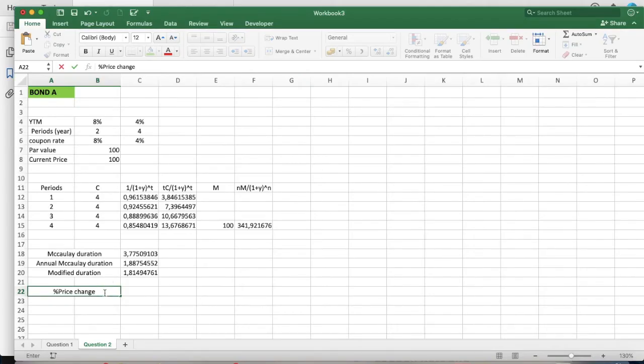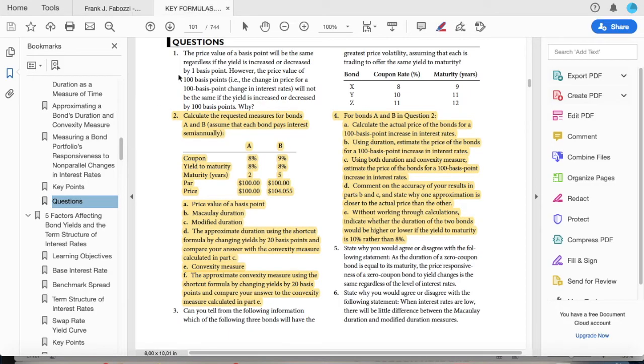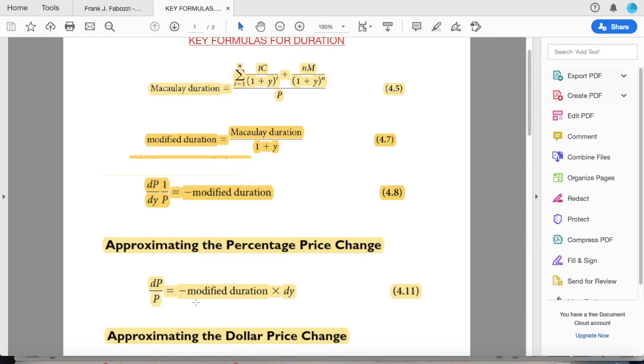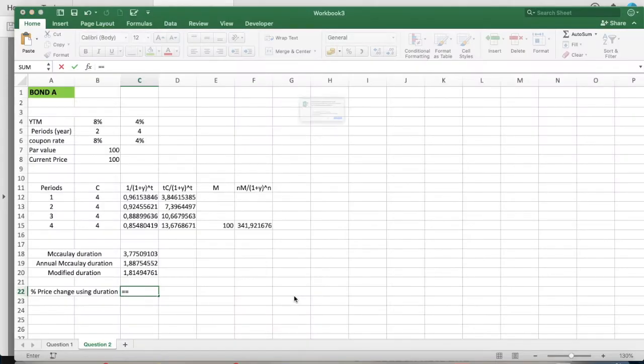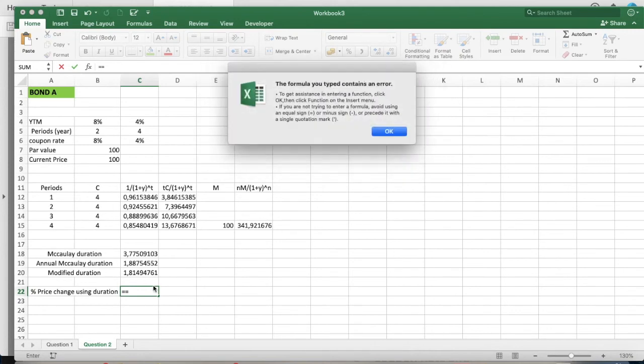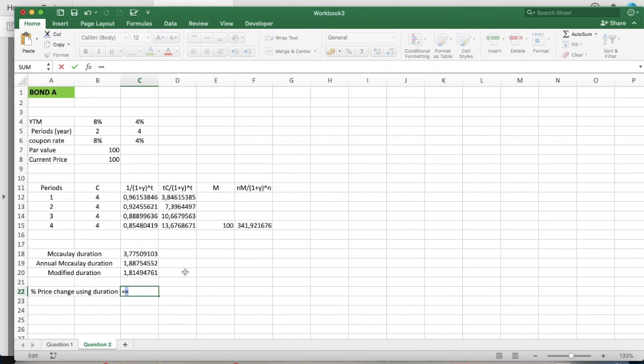So this means that the percentage of price change using duration is equal to minus the modified duration times the variation of the yield, which is 100 basis points or 1%.